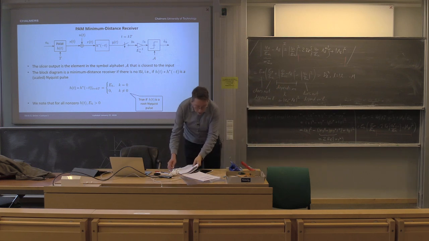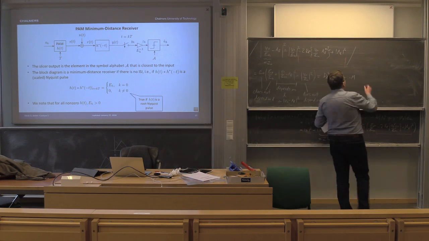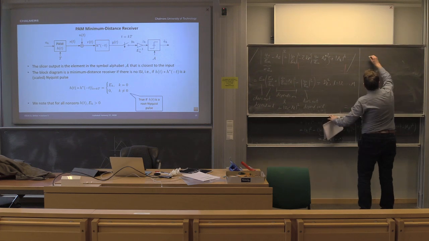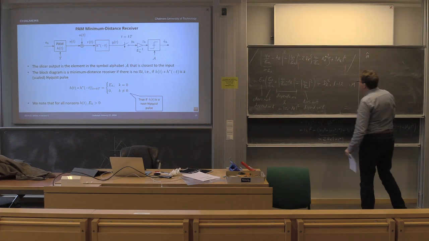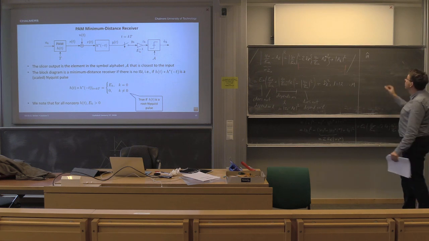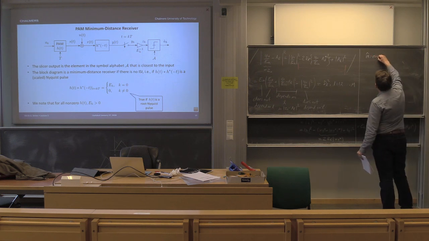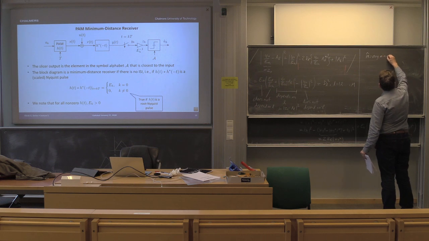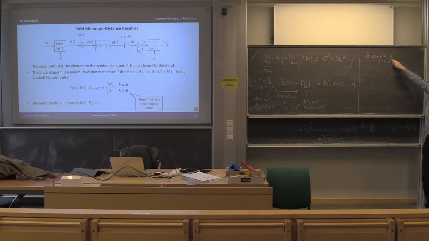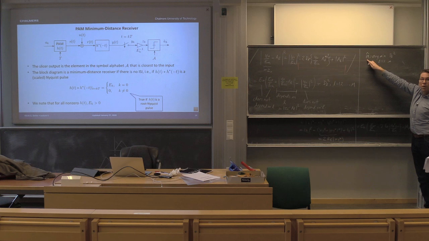And what we are aiming for in a minimum distance receiver, if you remember, is to find the signal index, m hat, as the arg min of the distances. So we have the distances here, and we compare them for L equals 1, 2, 3, 4, 5, up to capital M, and the index which has the minimum value is our m hat.